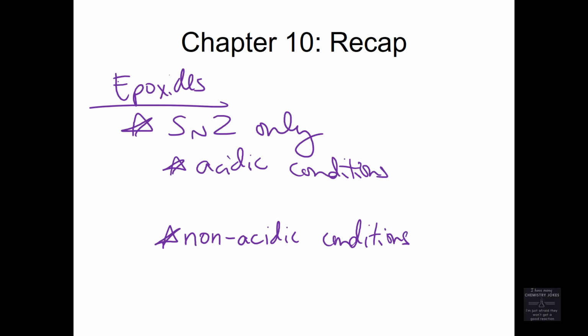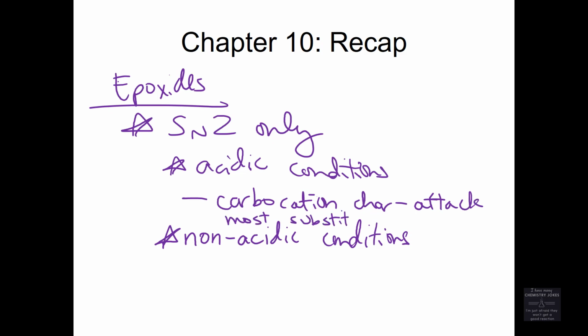You do different things. In acidic conditions, protonate first, you get a heteroatom with a plus charge. You're worried about carbocation character. Attack the most substituted side. In non-acidic conditions, basic conditions, neutral conditions, you're worried about accessibility.